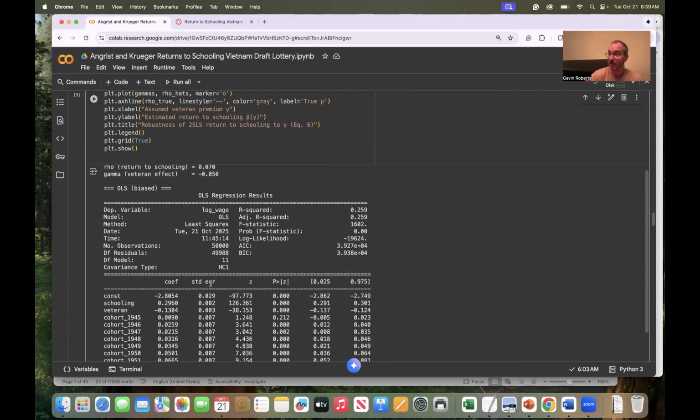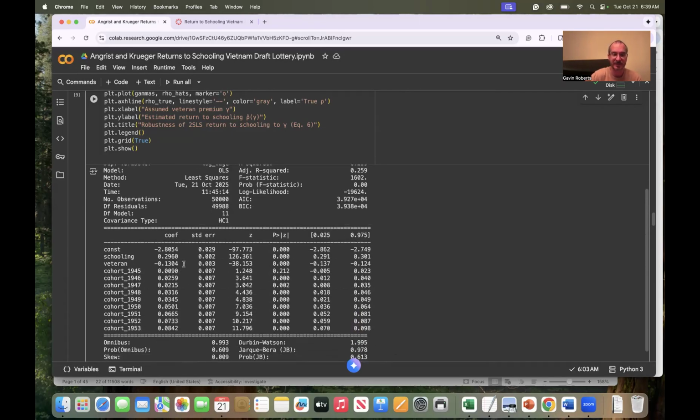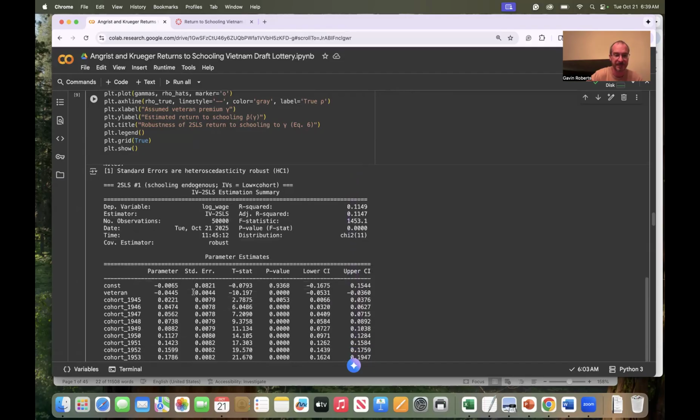What that tells us, we talked about smearing last time: the main reason veteran is so wrong here is not because there's anything wrong with the veteran variable, but because the endogeneity issue with the schooling variable is causing our estimate of the veteran variable to be biased. That's called smearing. The endogeneity issue in schooling is poisoning essentially the entire regression.